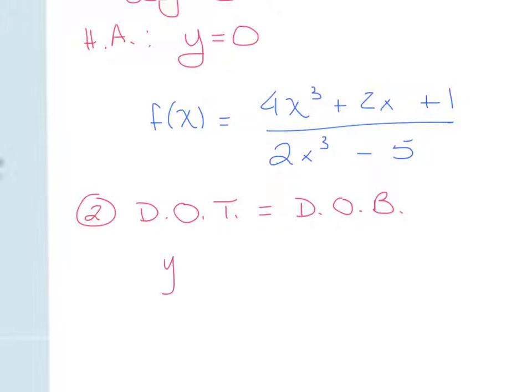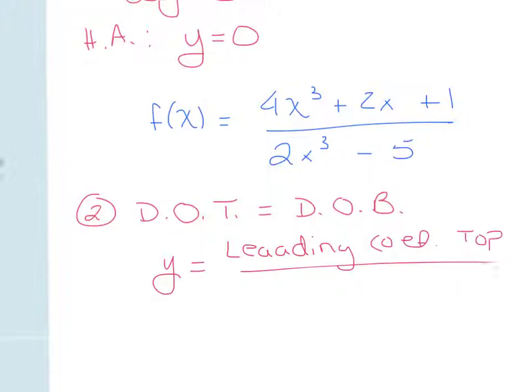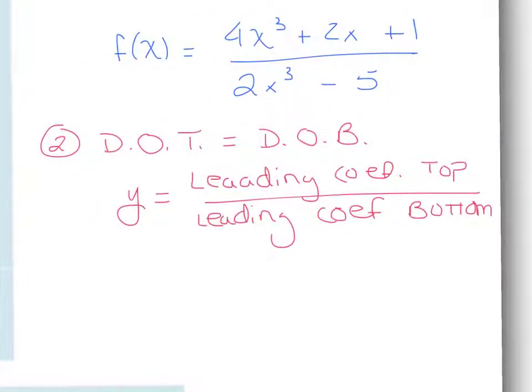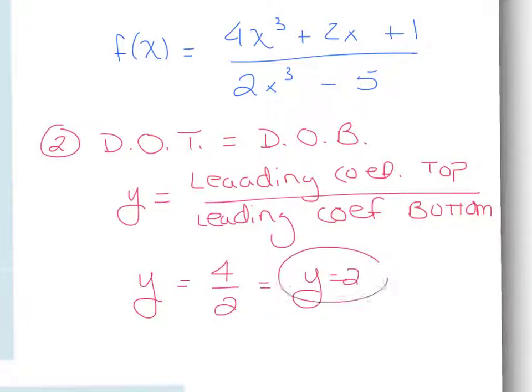So y equals leading coefficient of the top over leading coefficient of the bottom. So what's the leading coefficient of the top for that example? 4 over 2, which reduces to 2. So the horizontal asymptote for that made up example is y equals 2.